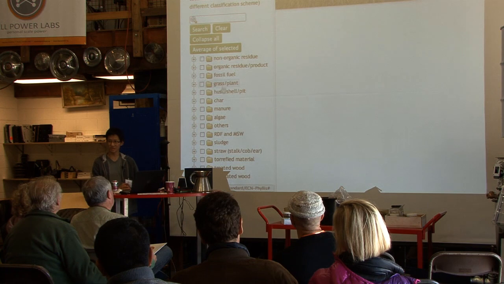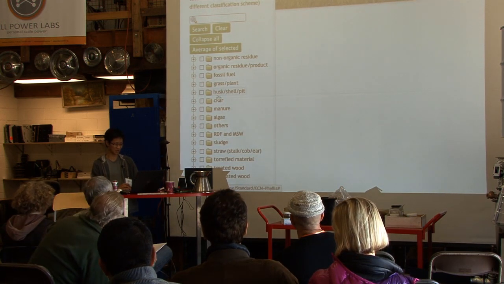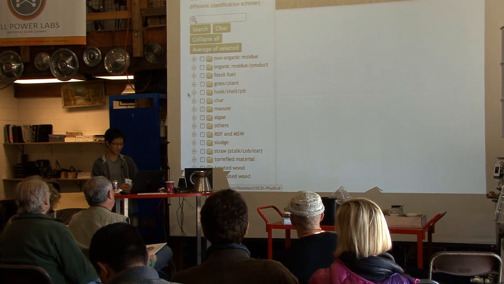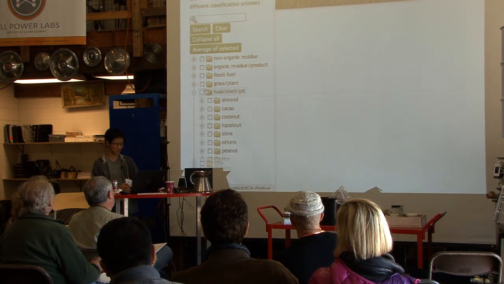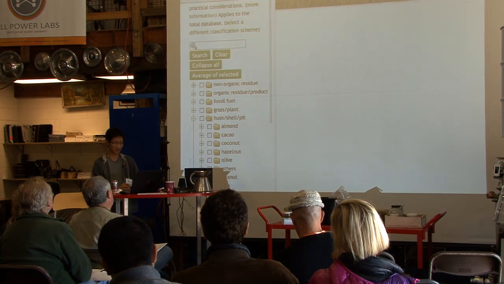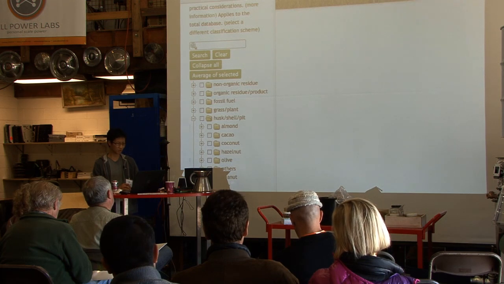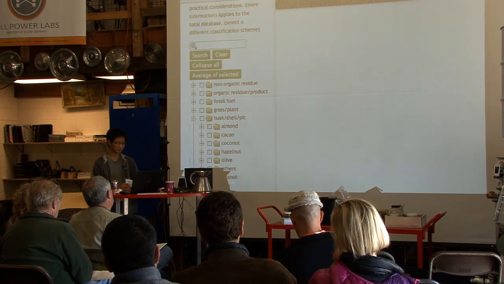There's this entire list of items that you can pick from. They have manures, algae, chars, husks, shells, pits. Let's take a look at some of the items in the husks, shells, and pits. What's the URL again? That would be ecn.nl/Phyllis2. PHYLLIS2.